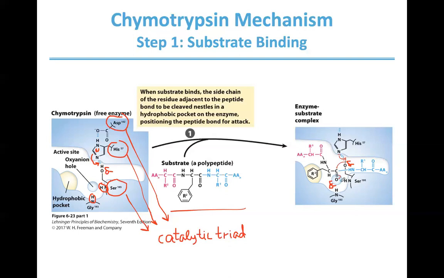They get stabilized by the hydrogen bonds from this NH and from this NH. So basically we engage the oxyanion hole. This oxyanion hole is an important feature of all the proteases because it stabilizes tetrahedral intermediates.